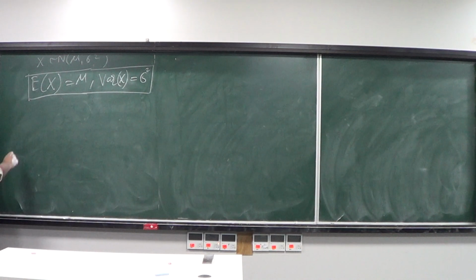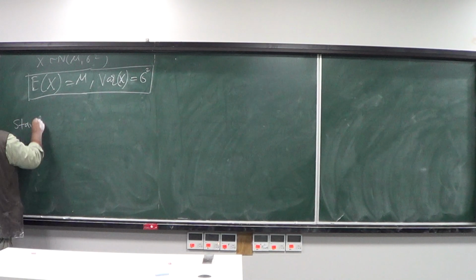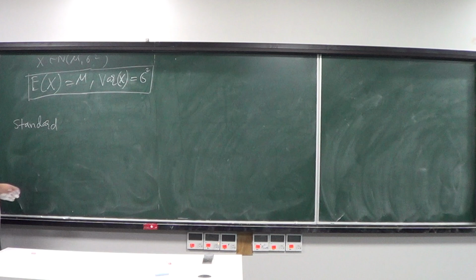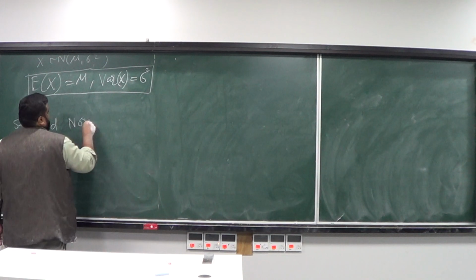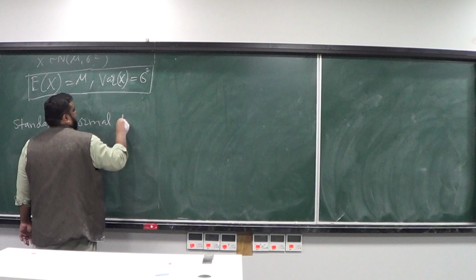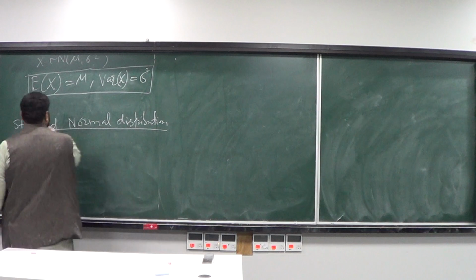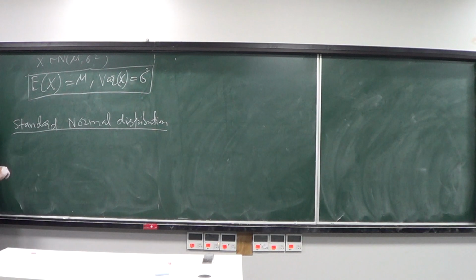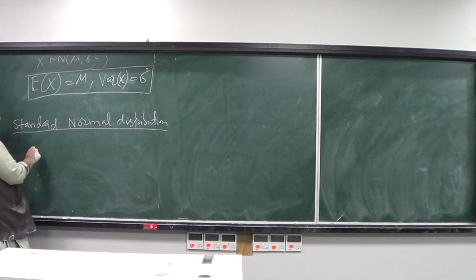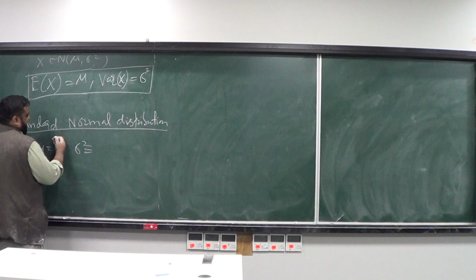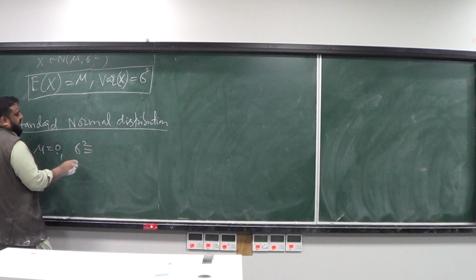So now, after normal, another most important version of normal distribution is the standard normal distribution. So what do you mean by that? A normally distributed random variable is said to follow a standard normal distribution if mu is 0 and sigma square is 1.